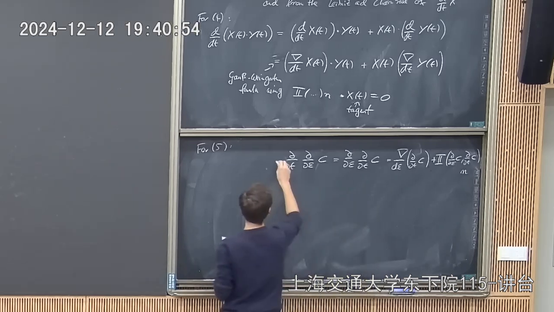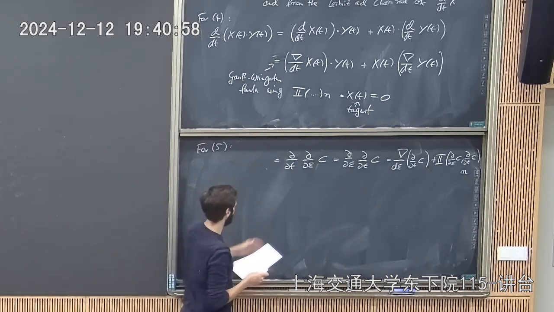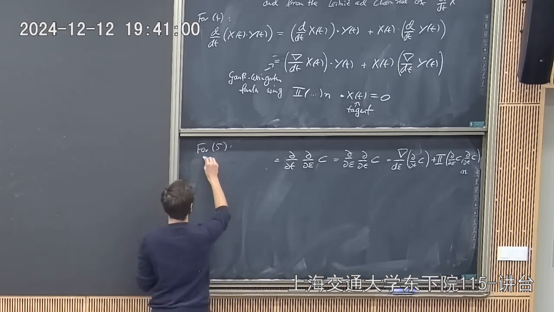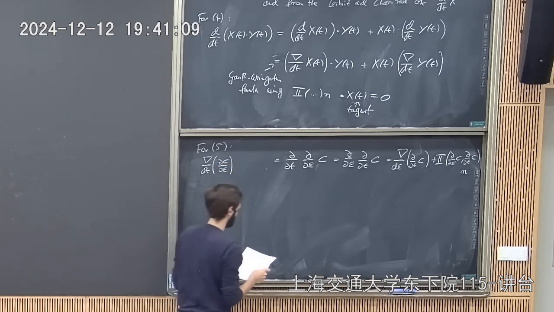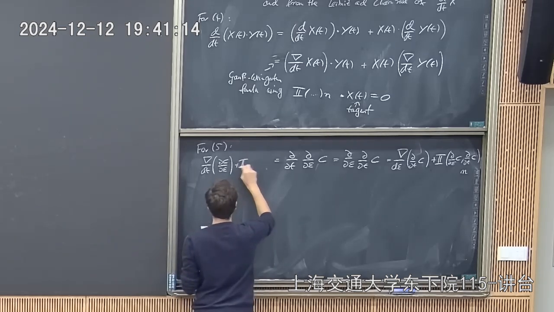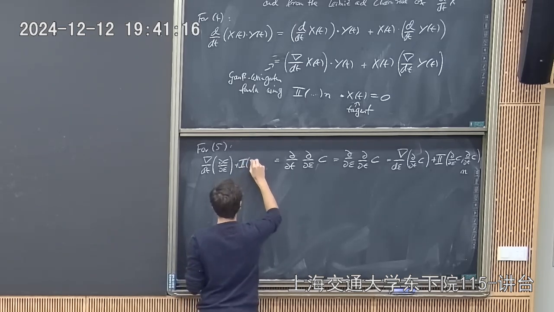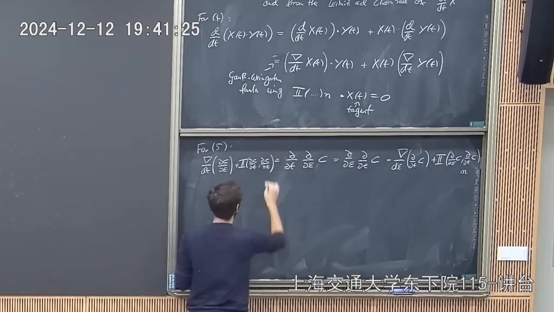And similarly here, by just using the Weingarten formula, but now for ddt, we can write this one as the covariant derivative of ddt of dc of the epsilon plus the second fundamental form evaluated at dc with respect to t and dc with respect to epsilon.